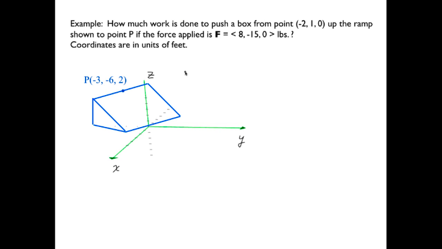Okay, so here's a practice problem. How much work is done to push a box from point -2, 1, 0 up the ramp to point P shown if you're applying a force of 8, -15, 0?